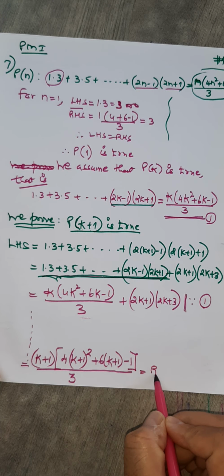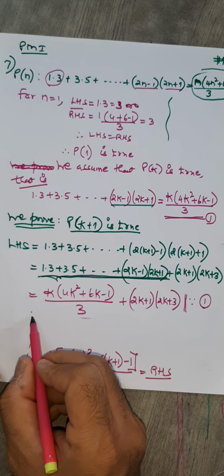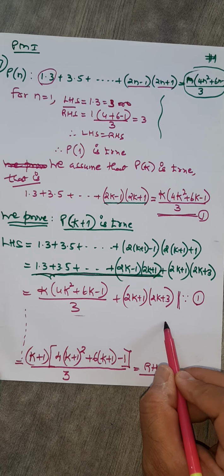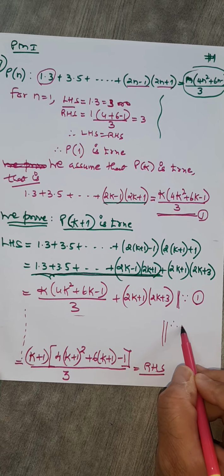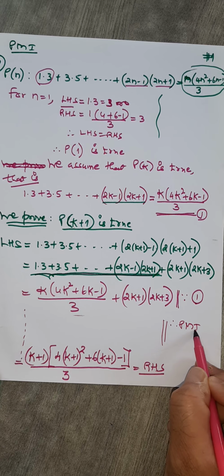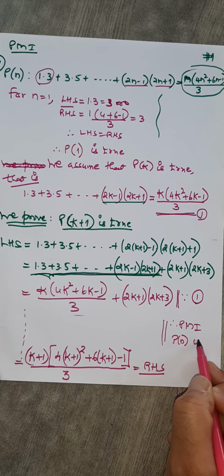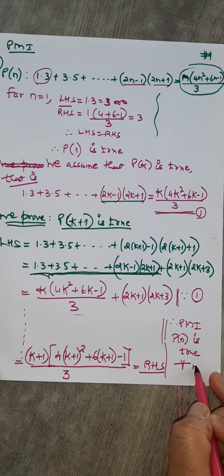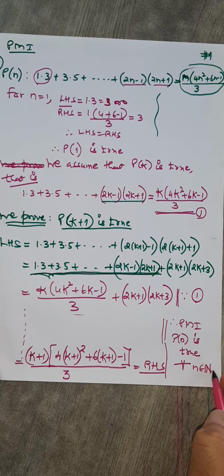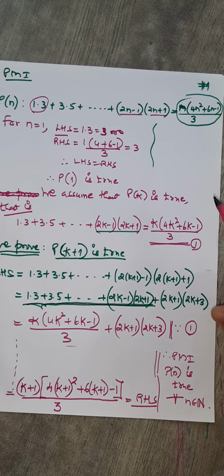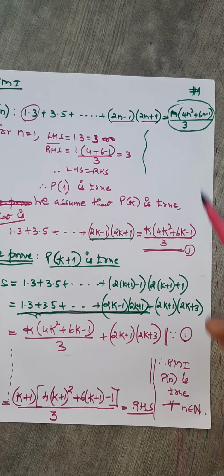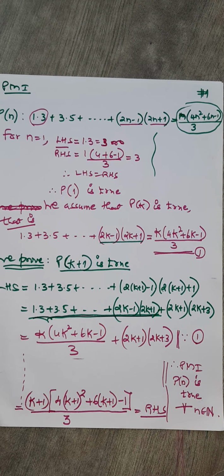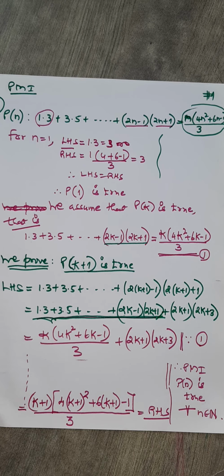And this is your RHS, remember. I leave this much for you. This is your RHS. And therefore, you can say that by PMI, the given statement P n is true for every n belonging to N. So the above statement is always true for each positive integer n, remember. Okay, that's one.